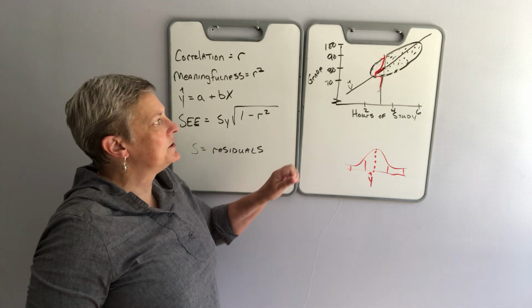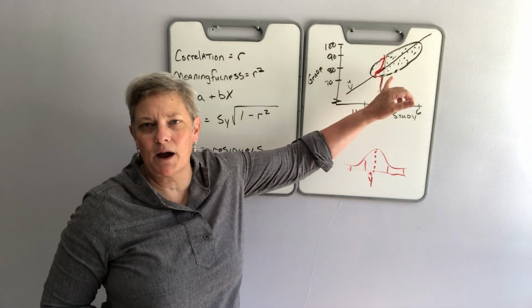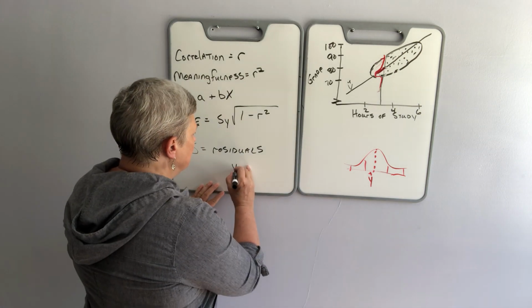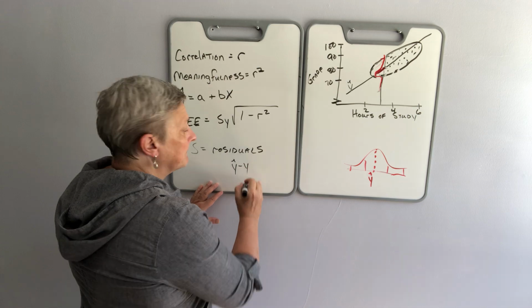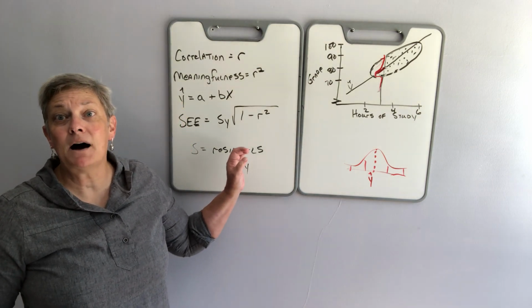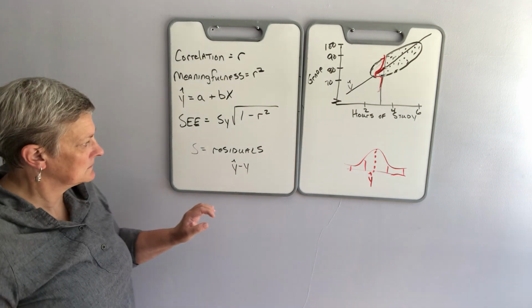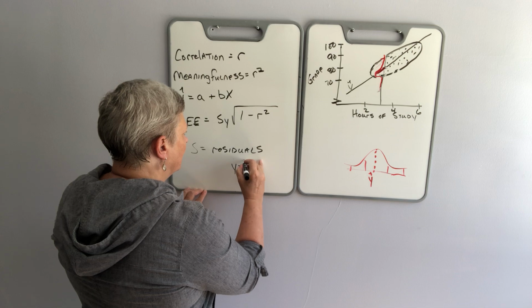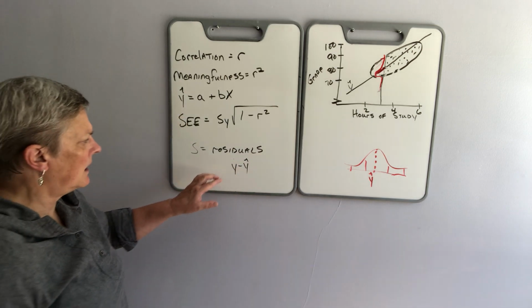Residuals are simply the score minus the y predicted. So it's the y predicted minus y. So things that are above, is it right? No, it's the other way around. Let's do it this way. Perfect.